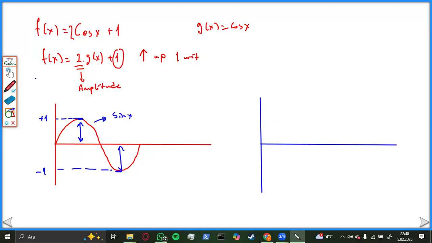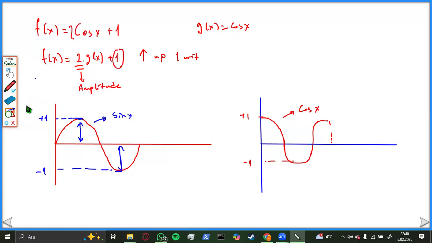Right now, this is sine x, or let me show you cosine x. Yeah, right now this is cosine x. Here is the plus 1 maximum point, and here is the minimum point. This is the cosine function.